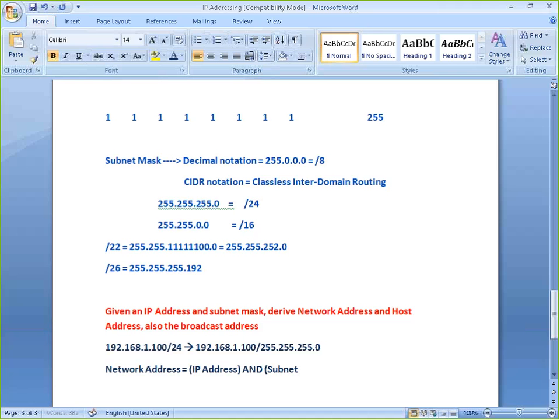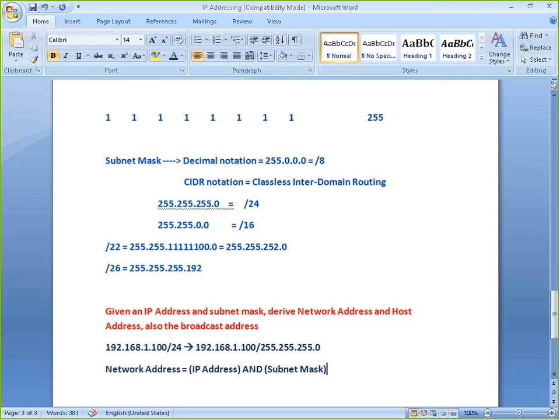So we apply AND between the IP address and the subnet mask, and when we do that, we get the network address. That's the formula we are supposed to use: a logical ANDing of the IP address and the subnet mask to derive the network address.